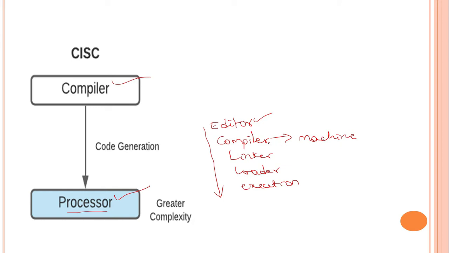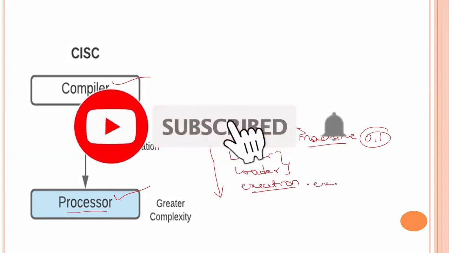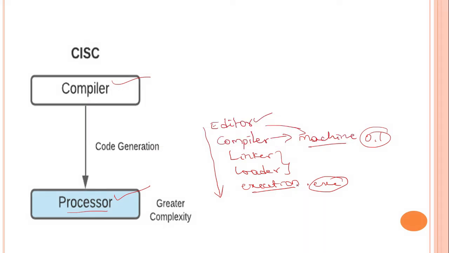That is the reason the compiler is used to convert the high level language to machine level language, in the form of binary numbers, zeros and ones. Then that file will be linked with the library files with the help of the linker and loader. Finally the .exe file will be generated at the execution level. So this is the process that takes place for the execution of the instructions in the program.